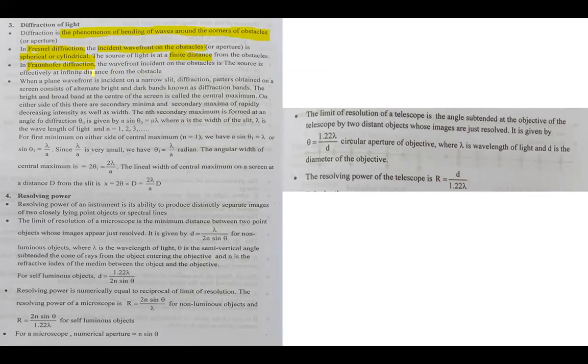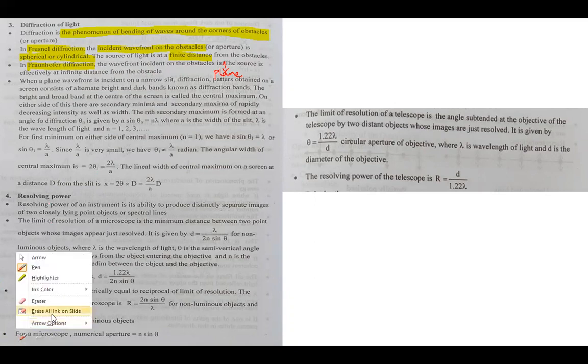But in Fraunhofer, the incident wavefront on the obstacle is plane, and the source is effectively at infinite distance from the obstacle. That you have to remember.